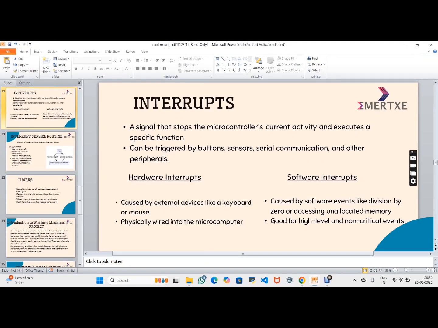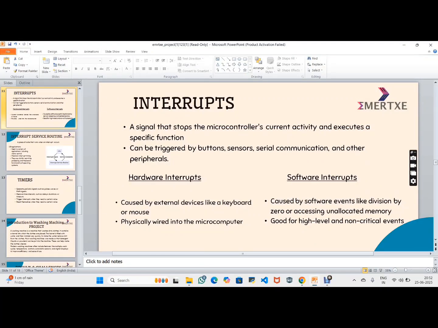Interrupt: a signal that stops the microcontroller's current activity and executes a specific function. It can be triggered by a button, sensor, serial communication, and other peripherals. An interrupt is a signal which terminates the current activity, meaning the function the microcontroller is performing, and terminates the current function.